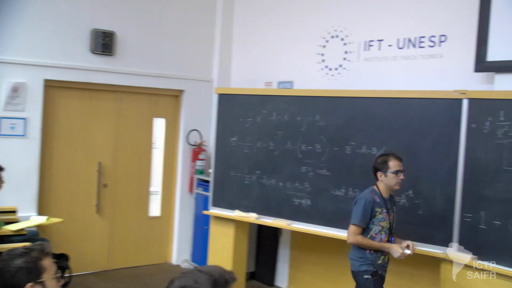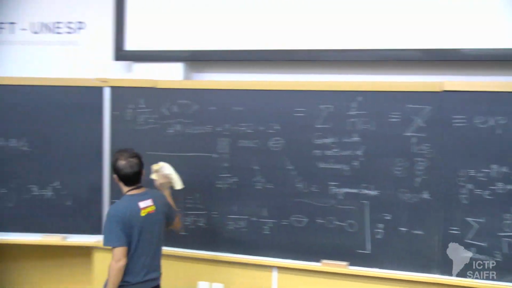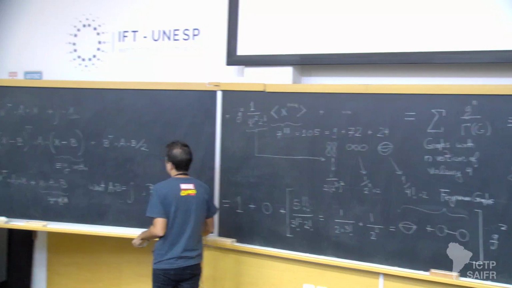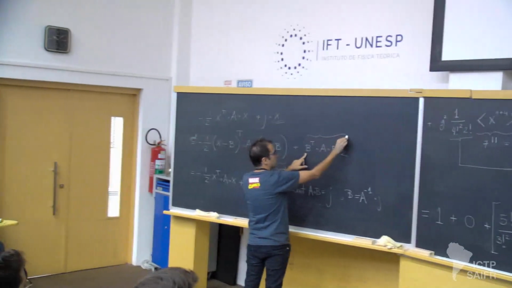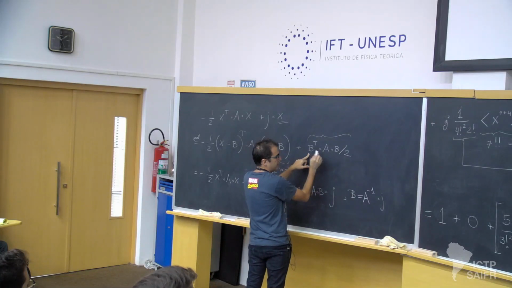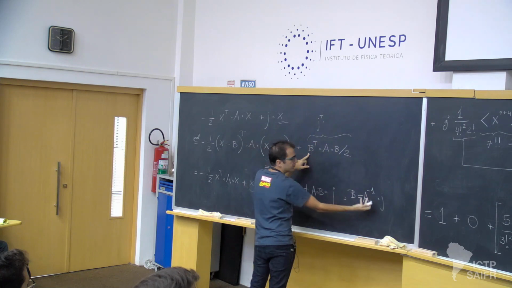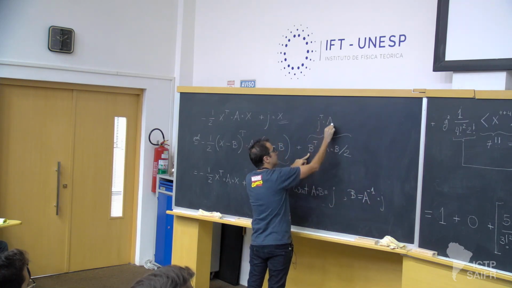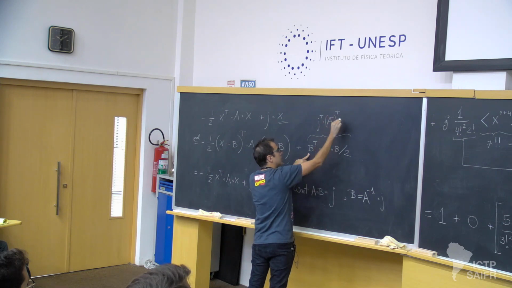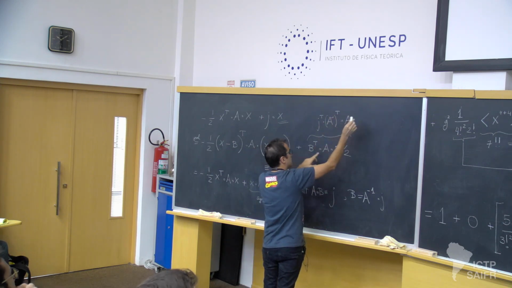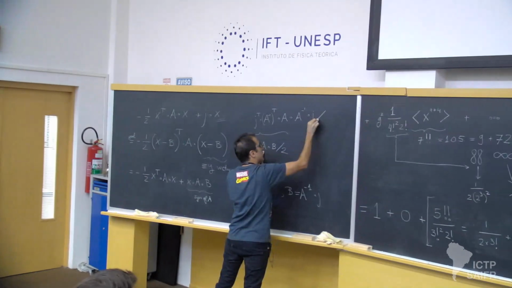And then if I plug this here, then this part is what? Well, let's transpose. So I get J transpose, the transpose flips the order, times A minus 1 transpose dot A minus 1 dot J, everything over 2.